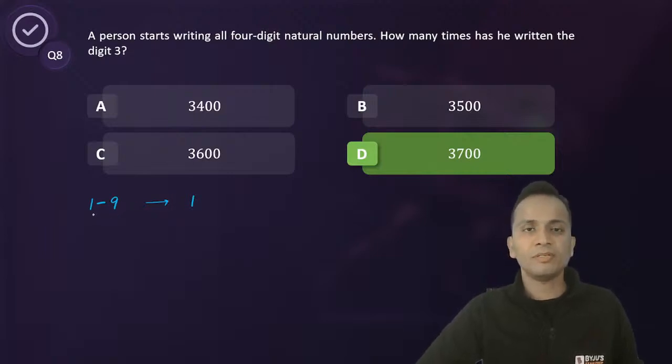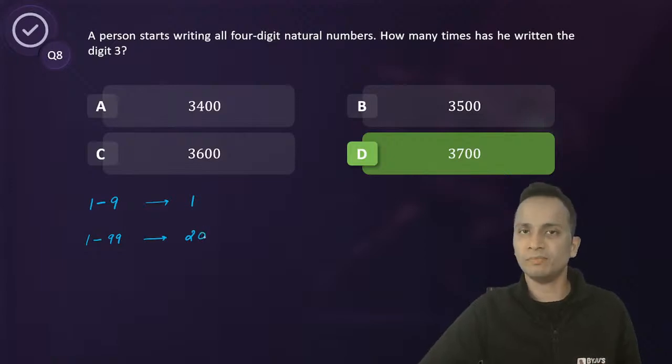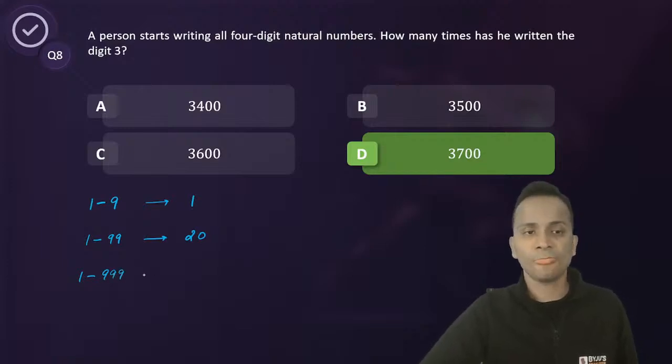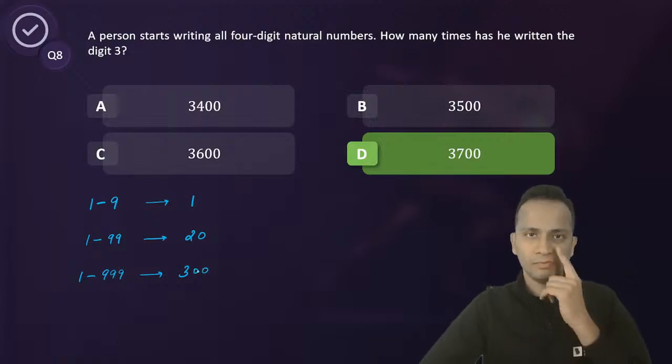Every number I write starting from 1 up till 9, every digit will be repeated once. If I write all the numbers starting from 1 up till 99, then every digit is written 20 times. If I write all the numbers starting from 1 up till 999, you can learn these. Then every digit will appear 300 times.